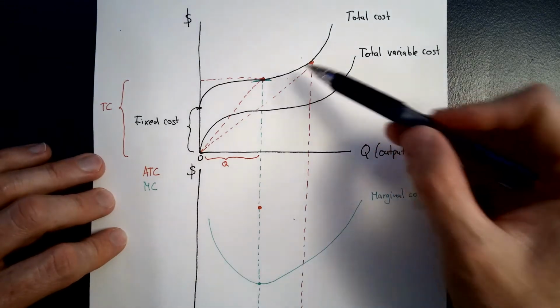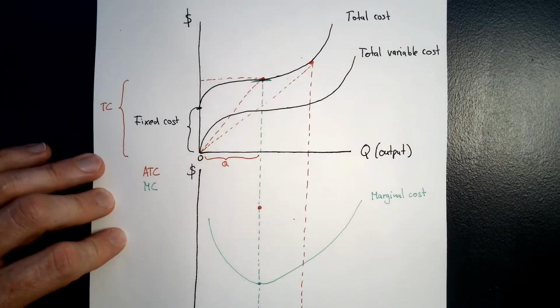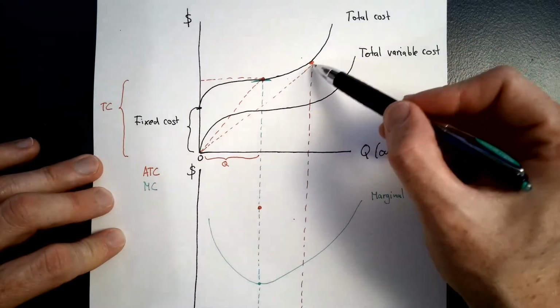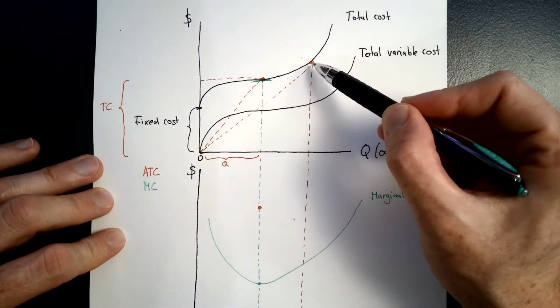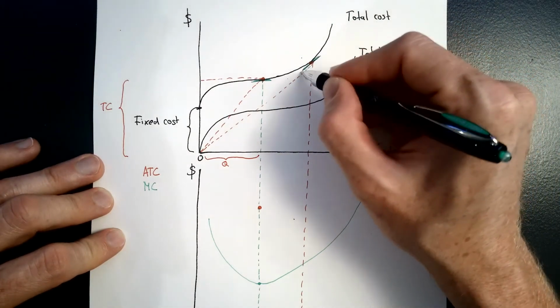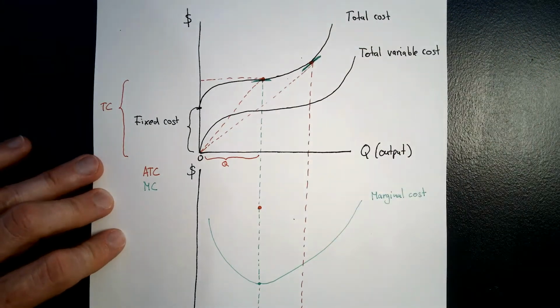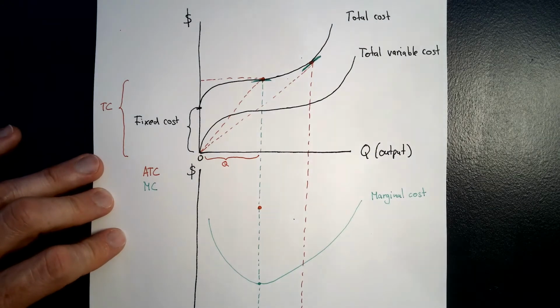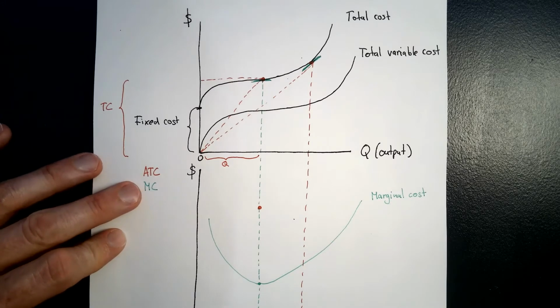Now, at this point, we also know that since the average total cost is minimized and it is just touching this point, it also corresponds to the slope of the total cost function. And keep in mind, the slope of the total cost function is the marginal cost.